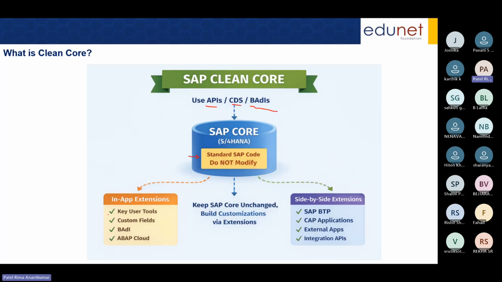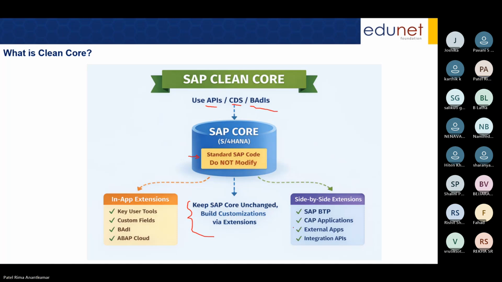So in-app extensions and side-by-side extensions, these are the two types of extensions that we can use. This will help us keep the SAP core untouched and build the customizations via extensions. So how many types of extensions do we have? Two types: in-app extensions and side-by-side extensions.